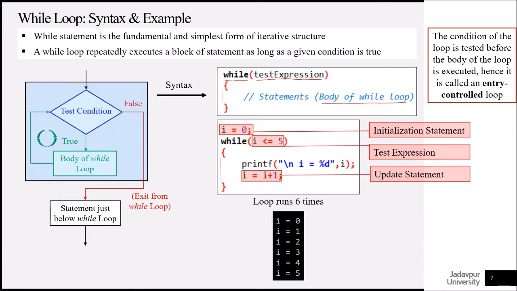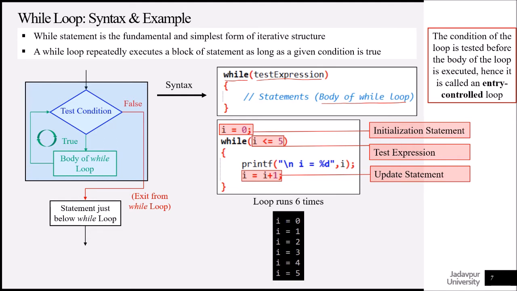Another example of an erroneous loop would be if, instead of this increment, a decrement is provided. So I becomes equal to I minus 1. So in each of the iterations of the loop, the value of I would be decremented. So at first, if it is 0, then it becomes minus 1, then minus 2, and so on.